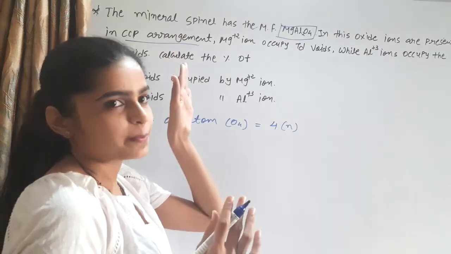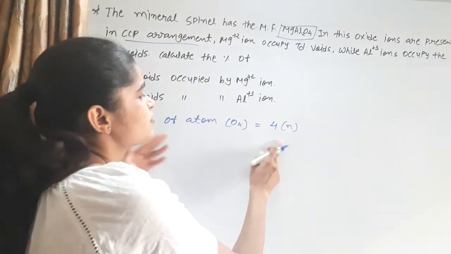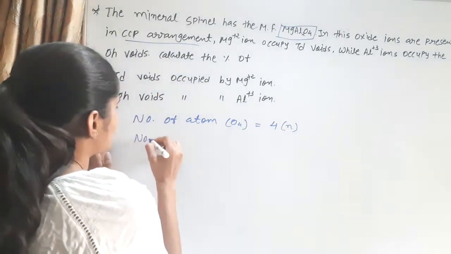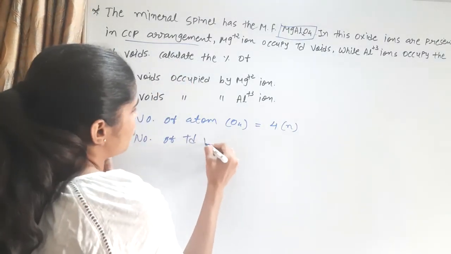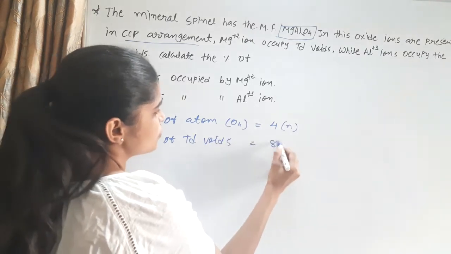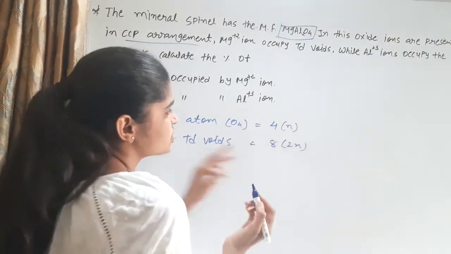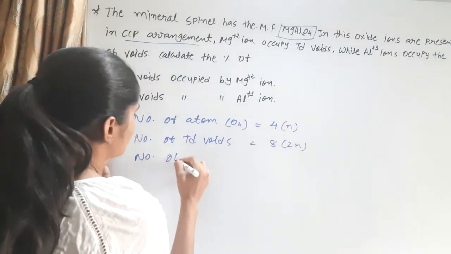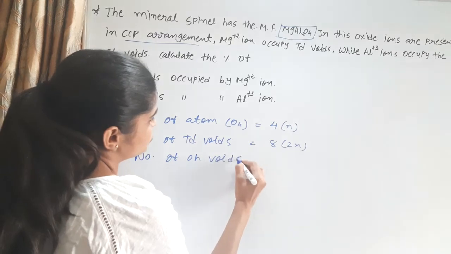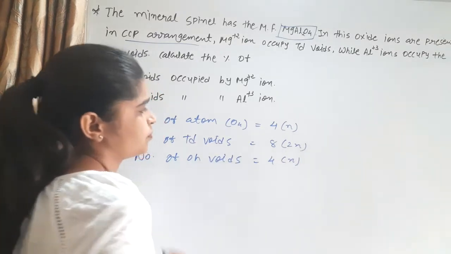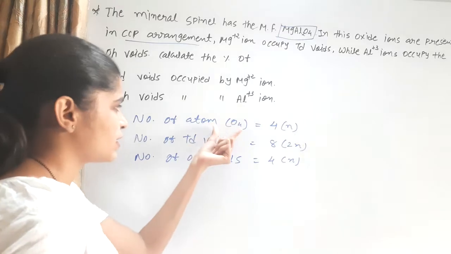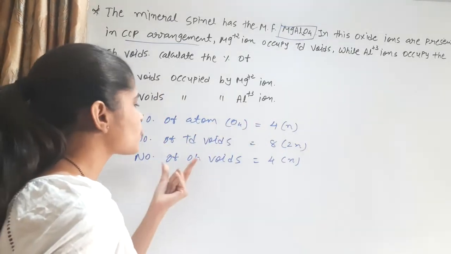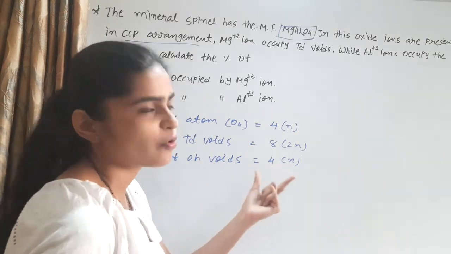So its value is n. With this value of n, we find the octahedral voids and tetrahedral voids. The number of tetrahedral voids per unit cell is equal to 8, because it is twice the number of atoms in the unit cell. And the number of octahedral voids is equal to 4. So the number of atoms is 4, the number of tetrahedral voids per unit cell is 8, and the number of octahedral voids per unit cell is 4.